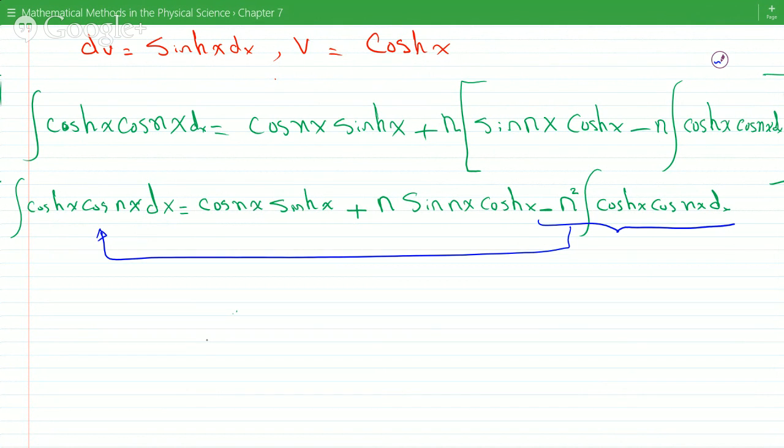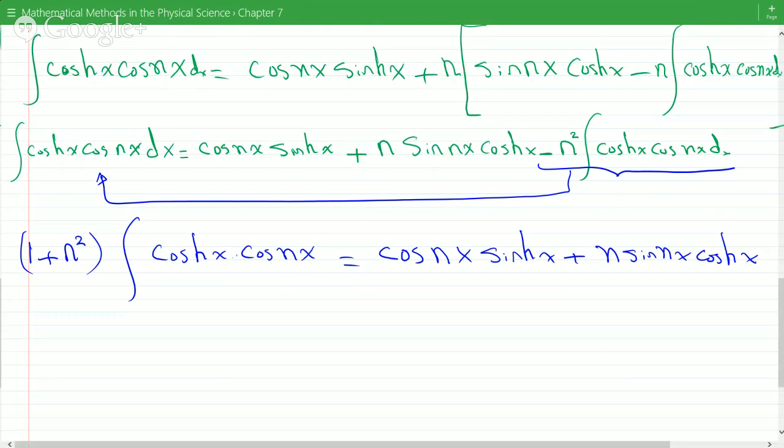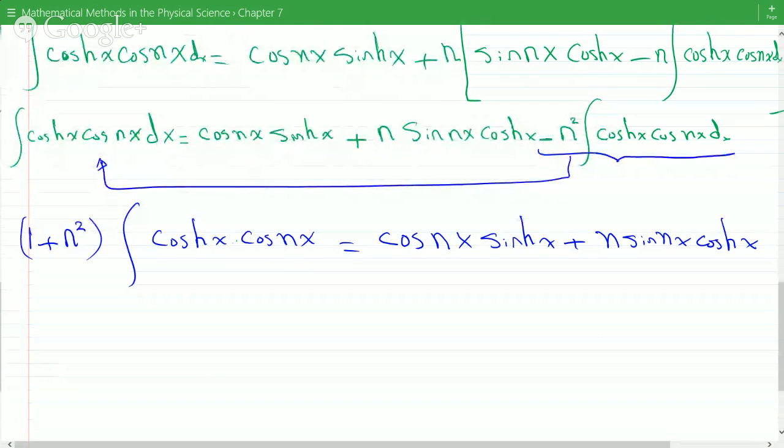So we get 1 plus n squared times the integral of cosine hyperbolic x cosine nx equals these two here: cosine nx sine hyperbolic x plus n sine nx cosine hyperbolic x. I took the integral dx as a common factor. Now I can just divide by 1 plus n squared, and you'll be done.